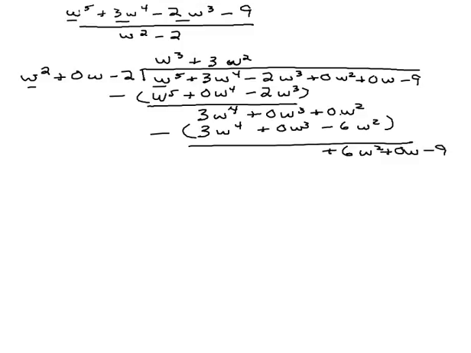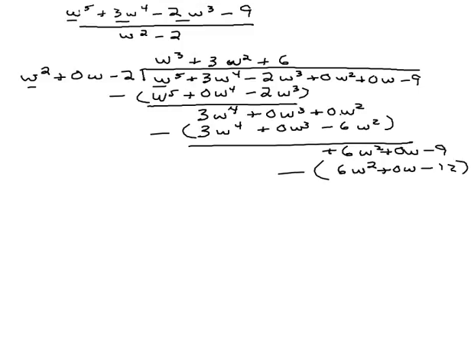So now we start over again. What do I have to multiply w squared by to get 6w squared? The answer is 6. So 6 times w squared is 6w squared. 6 times 0w is plus 0w. And 6 times negative 2 is minus 12.